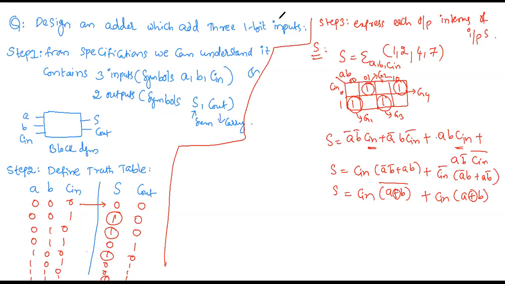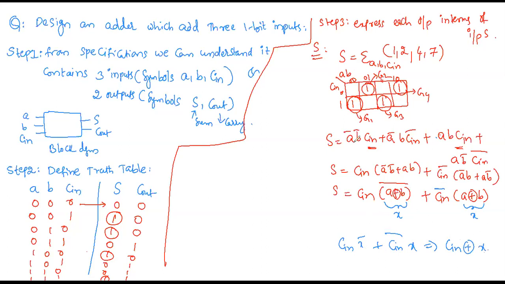Now consider A XOR B as a small variable, for example X. Then you will get the expression C in X bar plus C in bar X. It is nothing but C in XOR X. But what is X?